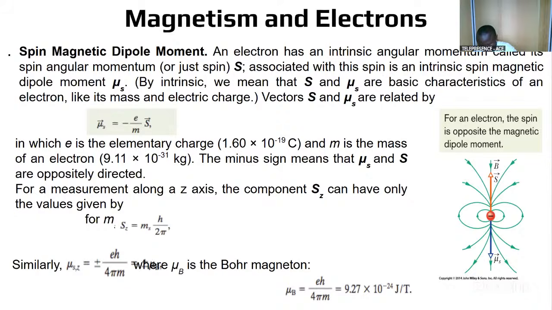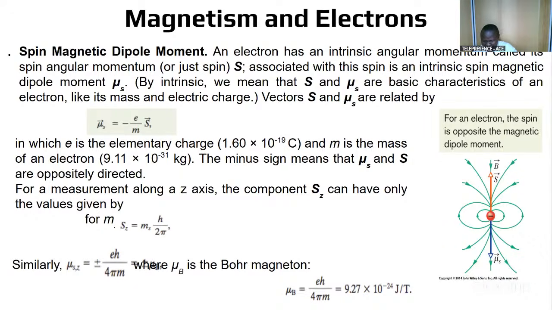So the electron behaves like a magnet. The electron has some natural characteristics, like the mass and the electric charge.